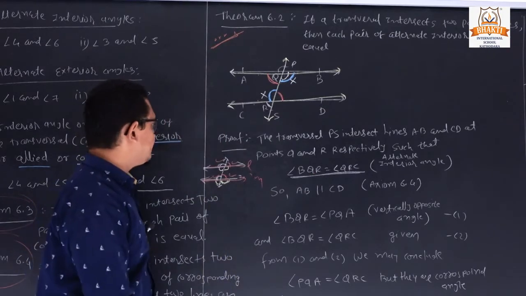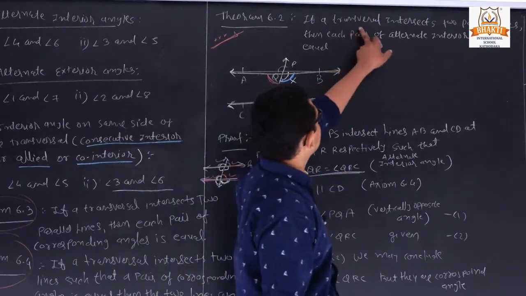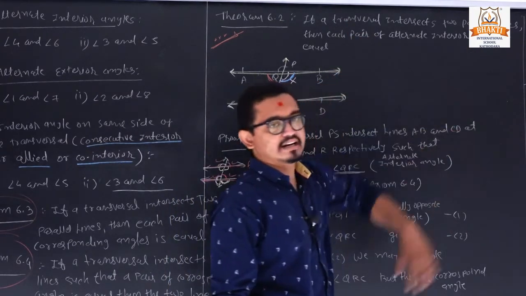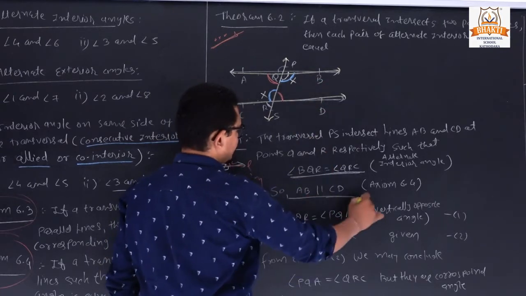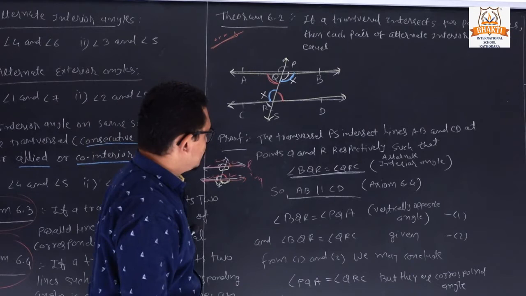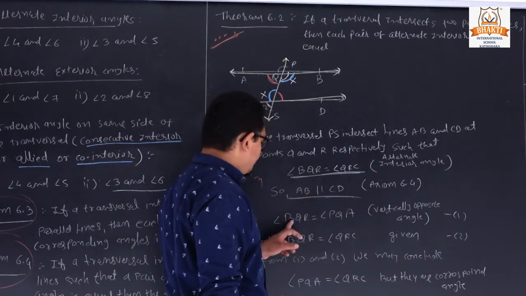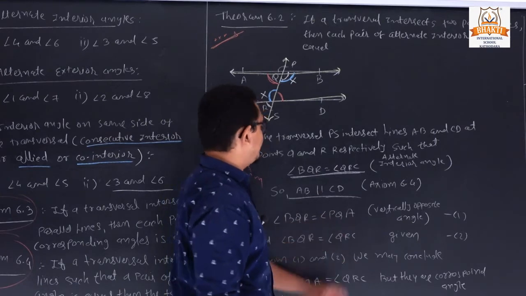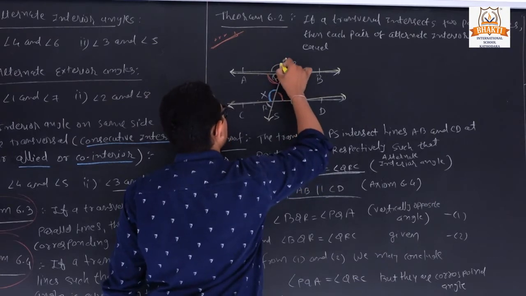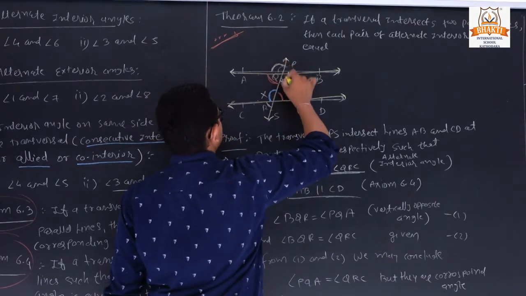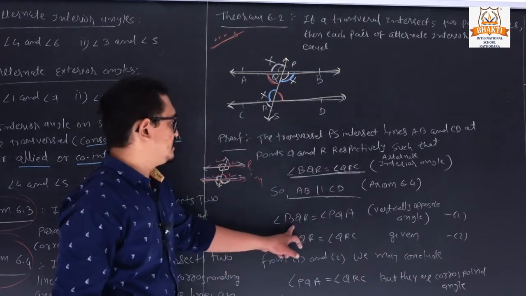So how can we start the proof? First of all, this is given: AB is parallel to CD. See that, two parallel lines. So if these both are parallel, BQR and PQA are always equal because they are vertically opposite angles.